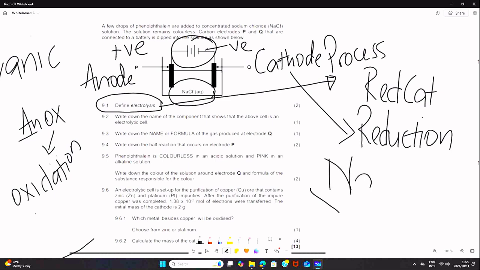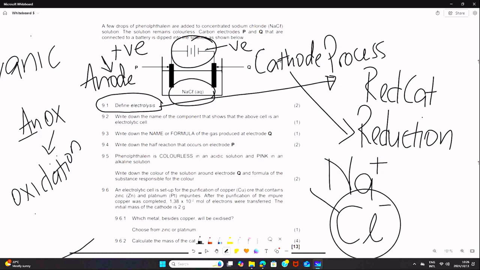You're going to form your cation, which is sodium ions, and your anion, which is the negative ion. Now we know that the anions are negative. Which side are they going to be attracted to? They're going to be attracted to the anode because the anode is positively charged. Unlike charges attract, like charges repel.